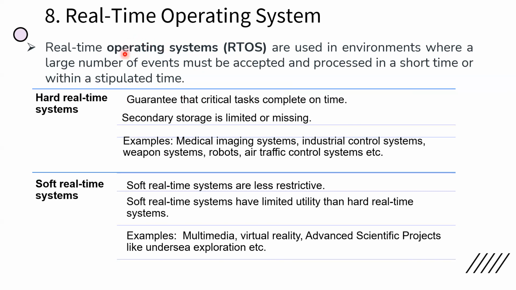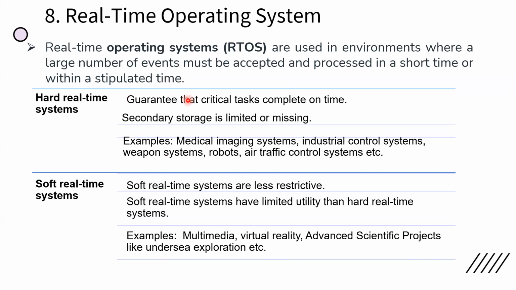So real-time operating systems are suitable for such kind of applications. And RTOS, in short, real-time operating systems are called as RTOS. They are used in environments where a large number of events must be accepted and processed in a shorter time and within a stipulated time.